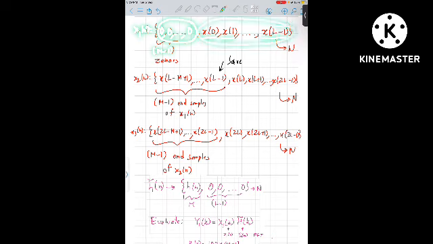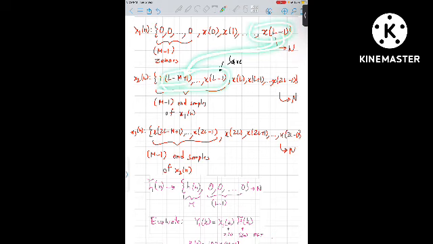So what will x3 of n be now? x of 2L minus m plus 1 till x of 2L minus 1. These are the m minus 1 end samples of x2 of n. We have x of 2L plus 1 till, how much? x of 3L minus 1. Is this clear, whatever I have done till now?